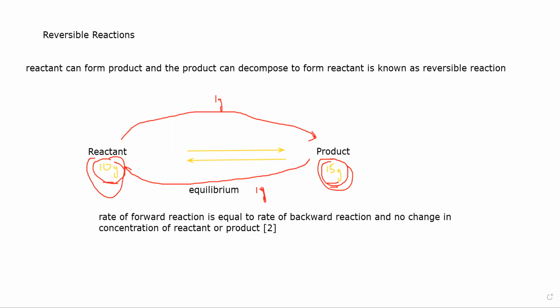But for example, if you have reactant and product, the reactants are forming a product and product is decomposing, forming back the reactant. So 10 gram of reactant was there and 15 gram of product.